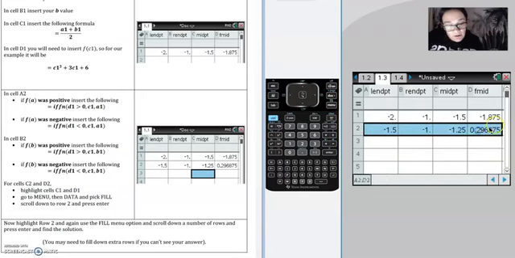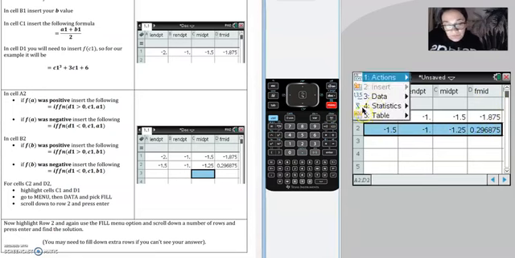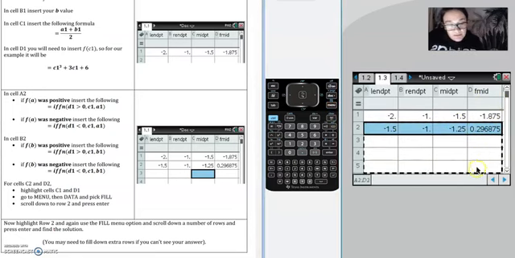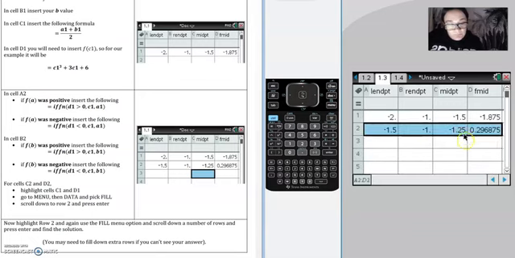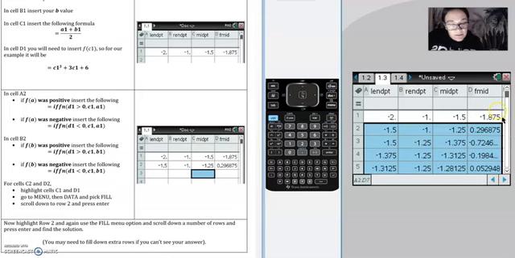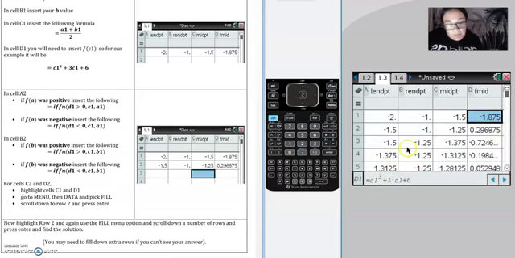So let's highlight, menu, data, fill, and if you scroll down, let's go down to step. There you go. I've done a few. So let's scroll up a bit. Now we're looking for 1 decimal point of accuracy. So in row 3 it's negative 1.5, that rounds to negative 2.